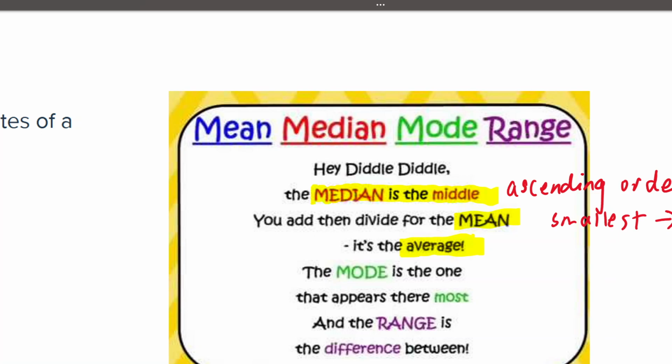The mode is the score that appears the most, unless all the scores are appearing, say, once or the same number of times, then there is no mode. And the range is the difference between the highest score and the lowest score. So it's just the maximum take the minimum score.